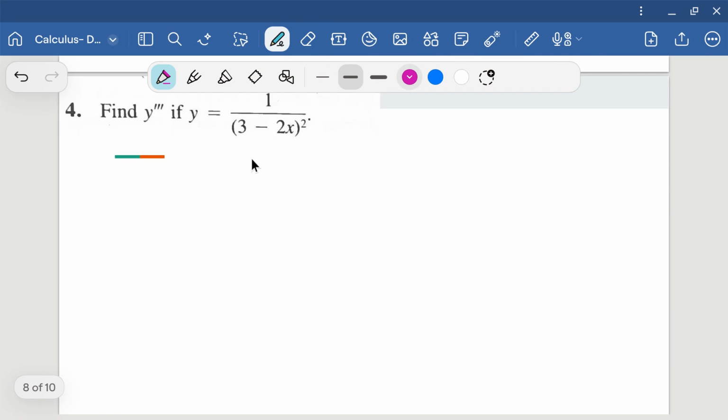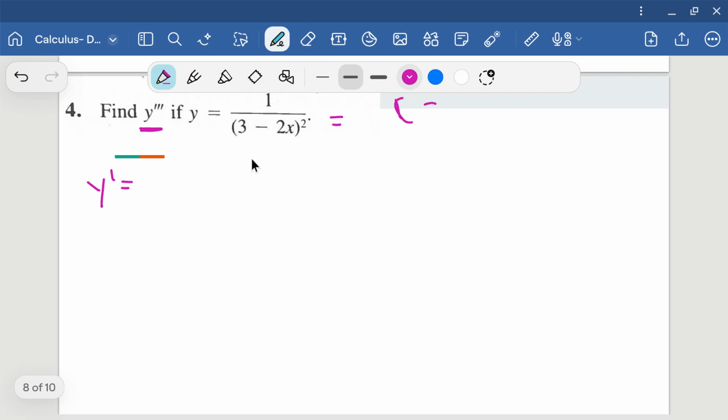Number 4 is showing that you can still take other derivatives. So if we wanted to figure out the third derivative of what we have, what I would start with, if I want y prime, I would rewrite this so that we don't have the exponent in the denominator, so we don't have a division there.